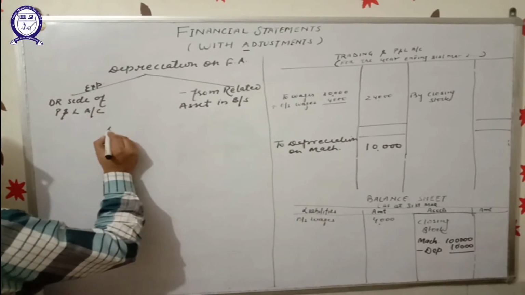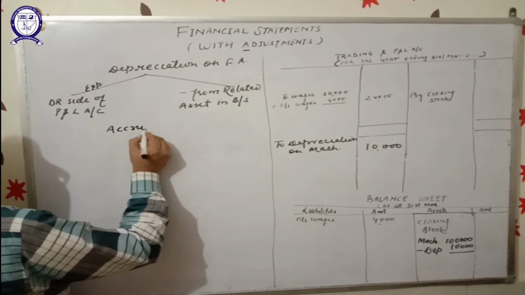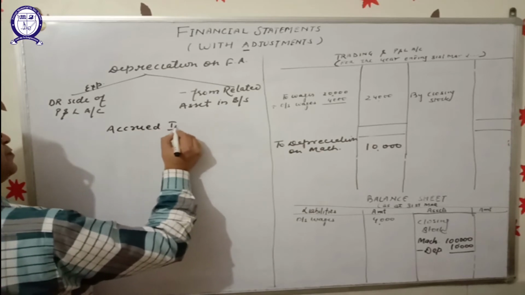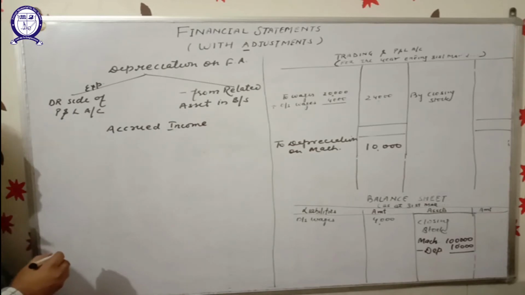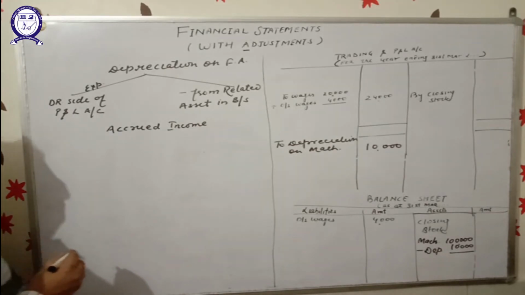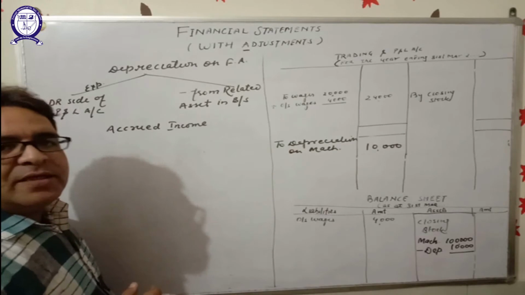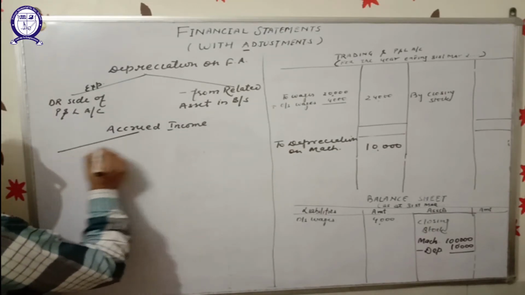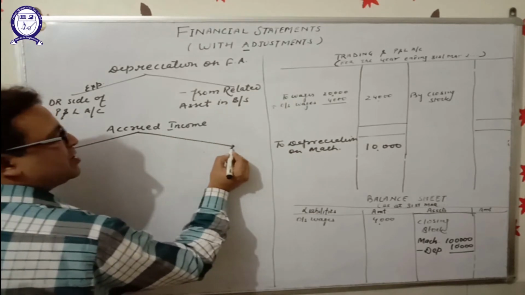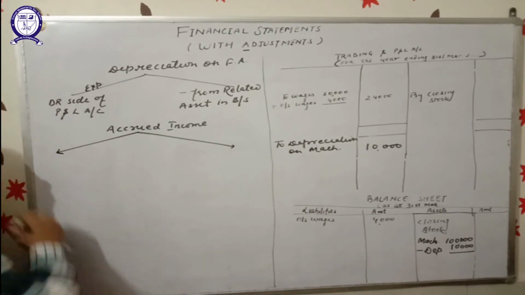Next, accrued income. Accrued income means income which is earned during the year, but amount is still to be received. Amount is not received till the end of the year.